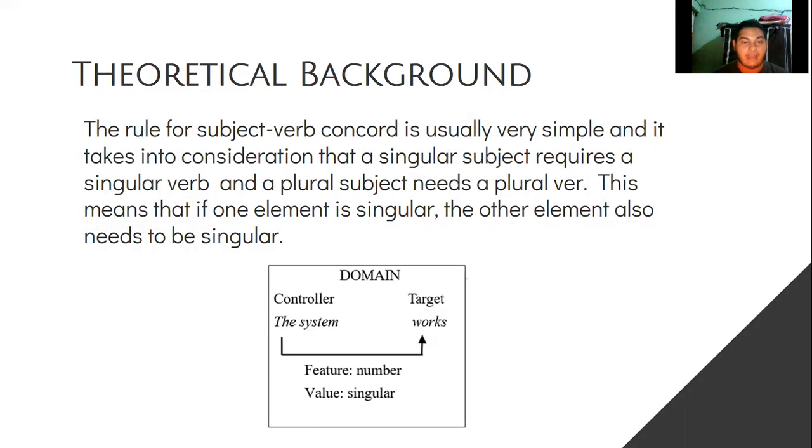So we are two or more people, and she is just one person. In this case, if the controller, the subject, is singular, the target, the verb, needs to be singular as well. They work together to make the sentence grammatically correct.